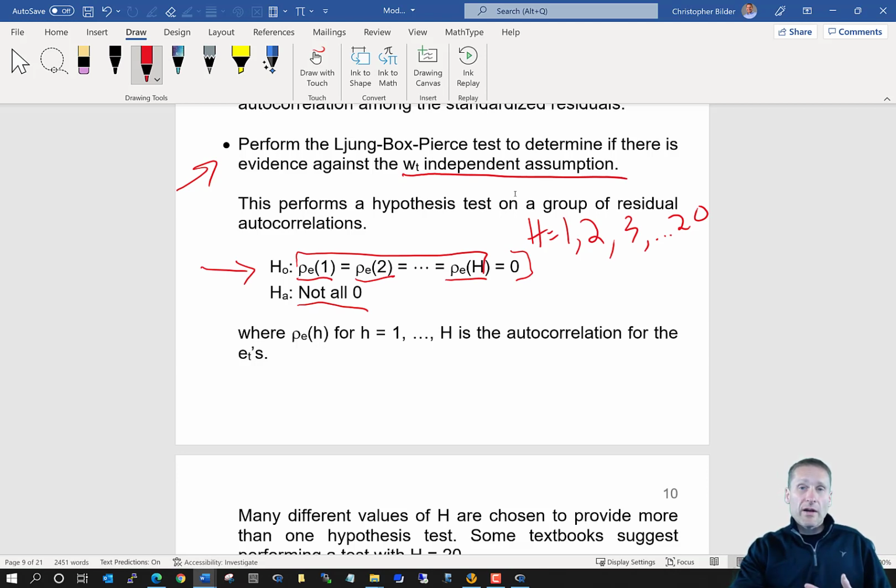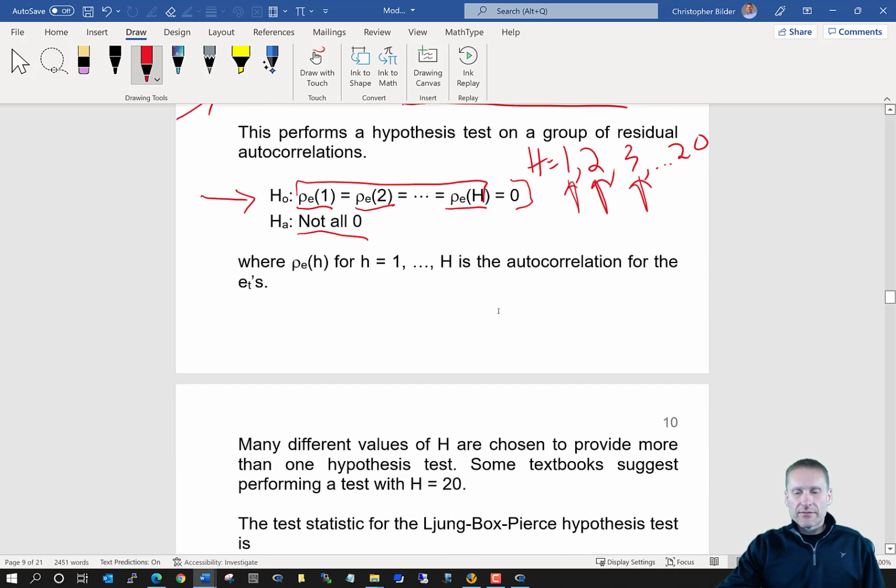So you end up doing 20 different hypothesis tests, where each of them is looking at one autocorrelation, the first two autocorrelations, the first three autocorrelations, and so on. And you want to make sure that indeed you don't reject H0. If you reject H0, that says there is a problem in your model. You still have some dependence that has not been accounted for with the model itself.